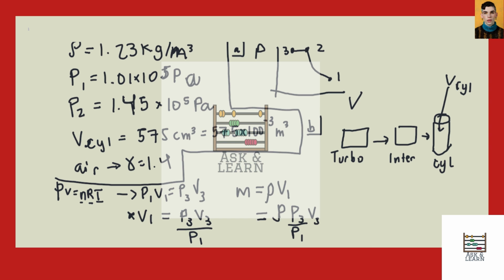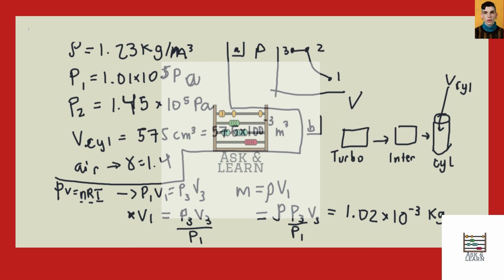Okay, and I'm just going to look at my math real quick and make sure that it makes sense. Okay, so great. If you do that, then you get 1.02 times 10 to the minus 3 kilograms.